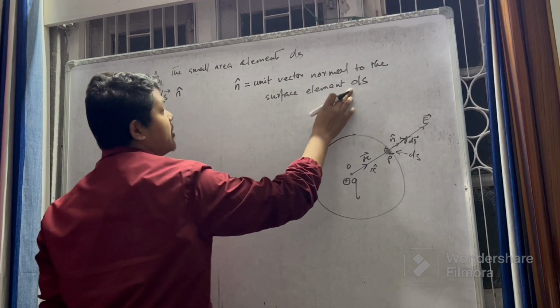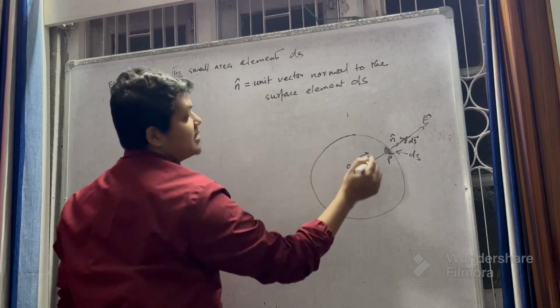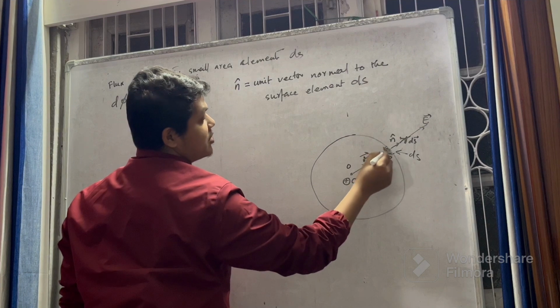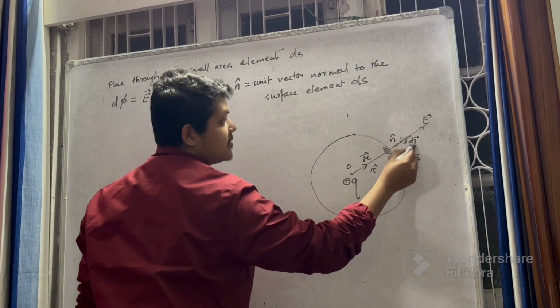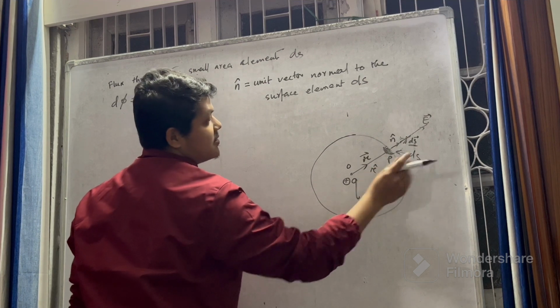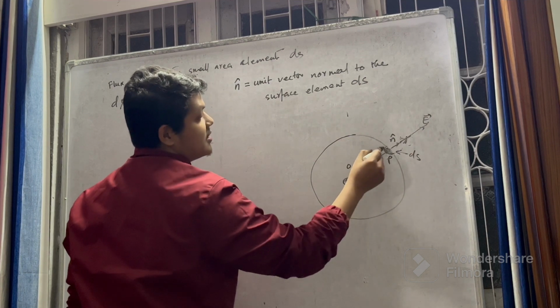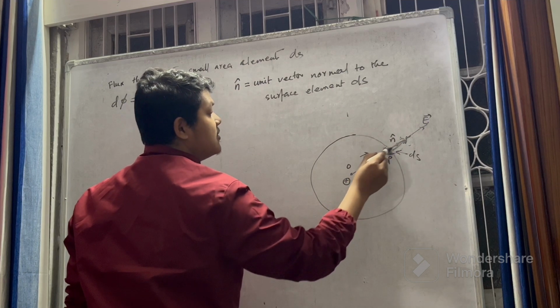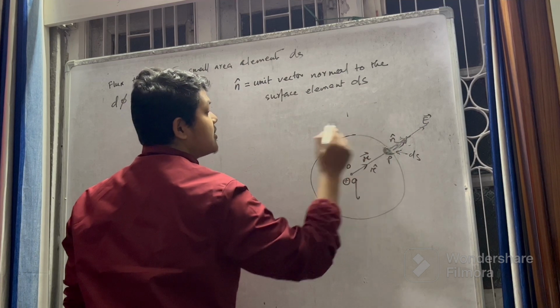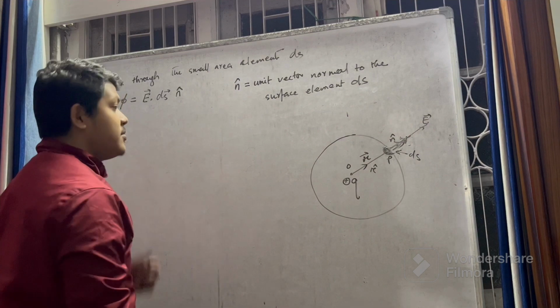I am not talking about ds vector. This is the surface element ds, that means I am talking about this small surface area element. Area vector is ds vector, and the unit vector along this area element is suppose n cap, which is normal to the surface ds.